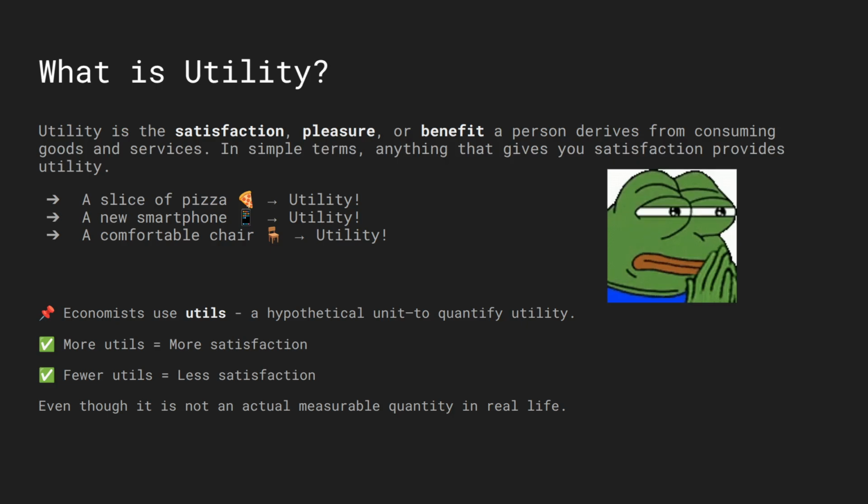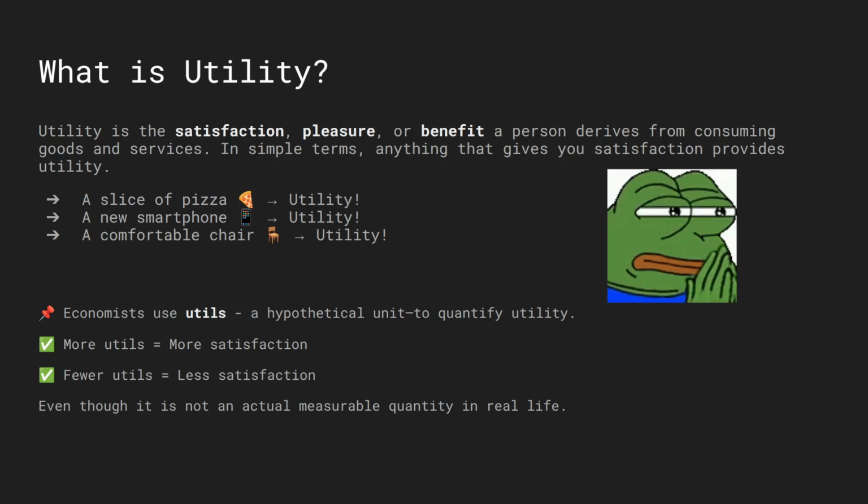But how do we measure utility? Can we put a number on happiness? Well, happiness depends on person to person, but economists use utils, a hypothetical unit, to quantify utility. More utils means more satisfaction, fewer utils means less satisfaction.